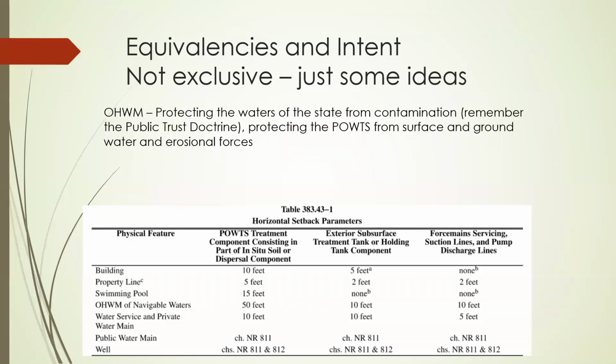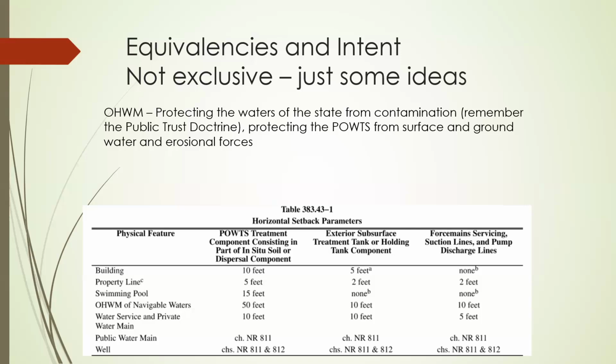The ordinary high water mark is a little bit different, I guess, in that when we're petitioning to the ordinary high water mark, we're trying to protect the waters of the state, which under the public trust doctrine belong to all of the people of the state, from contamination. So you want to keep that in mind.